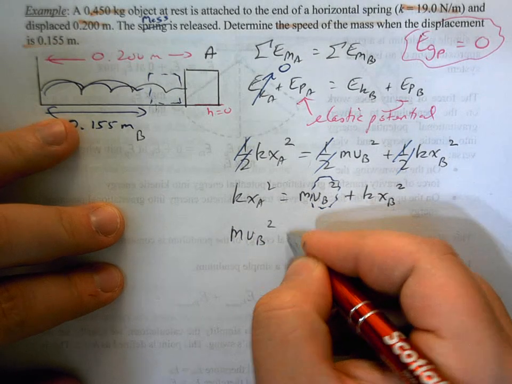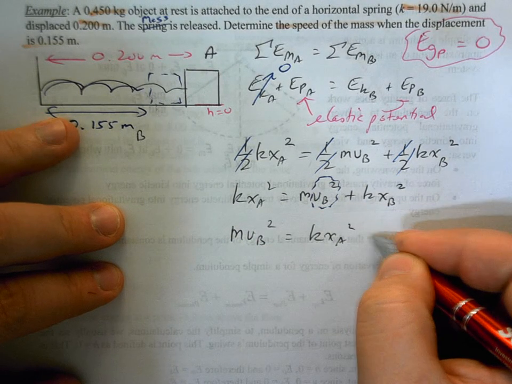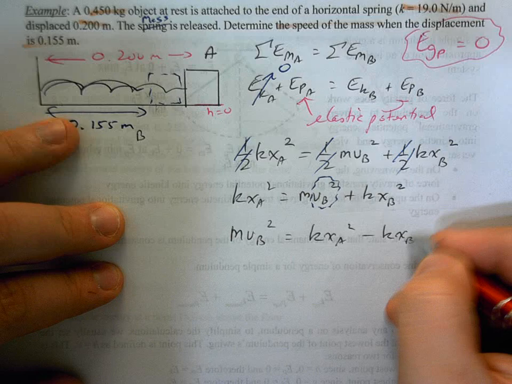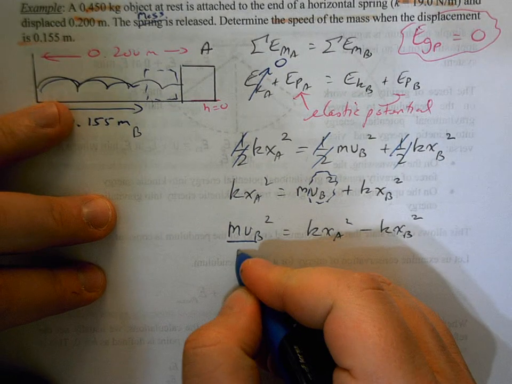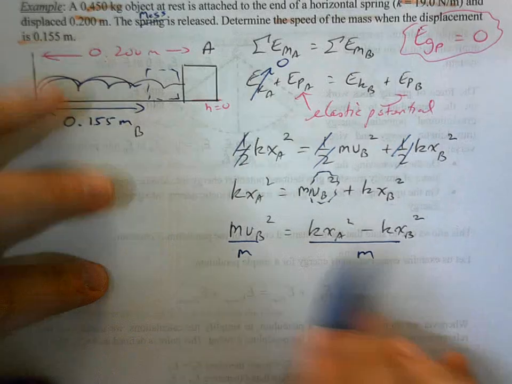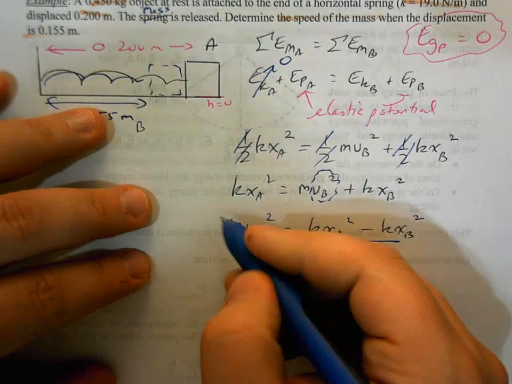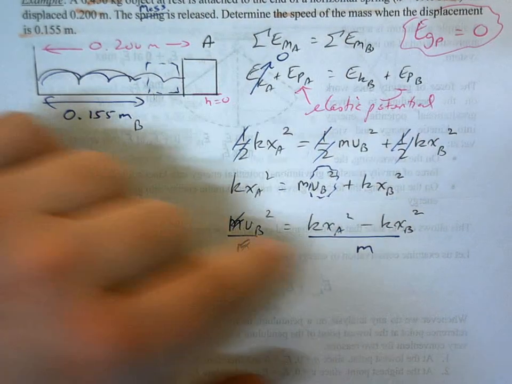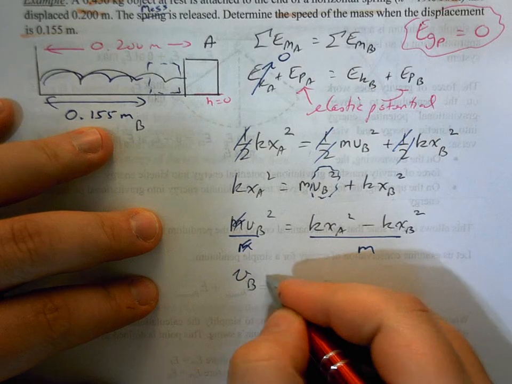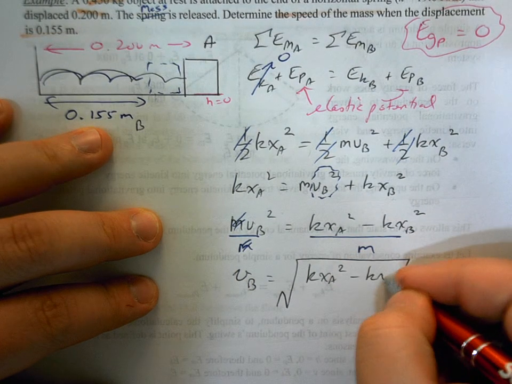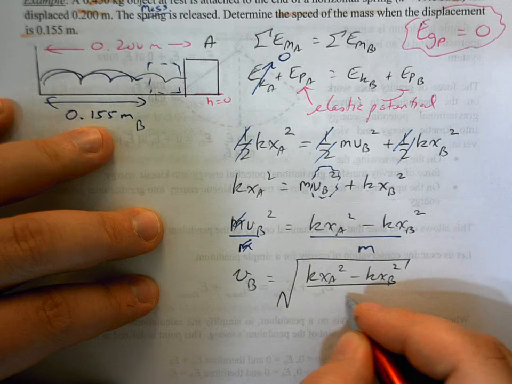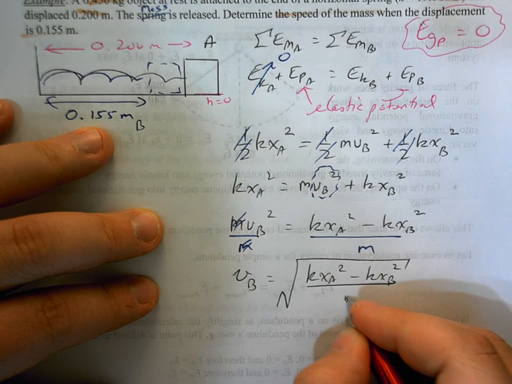So we know that m v_B squared is going to be k x_A squared minus k x_B squared. We can divide the whole thing by m. And then we have v_B squared equals this mess, or v_B is going to be the square root of k x_A squared minus k x_B squared, divided by the mass.